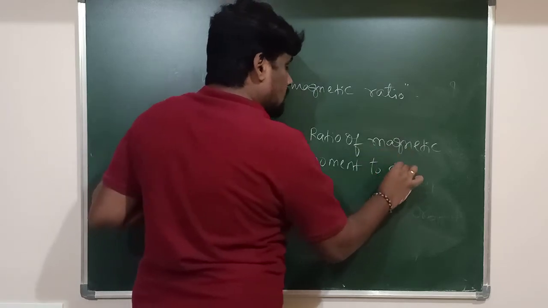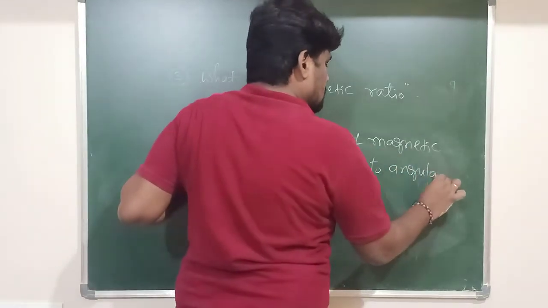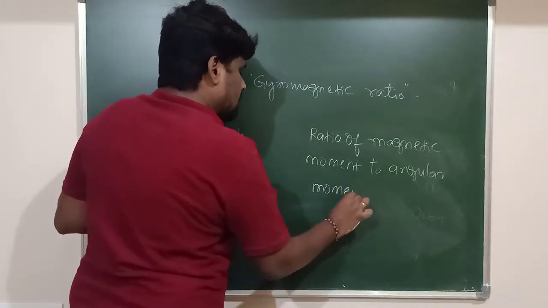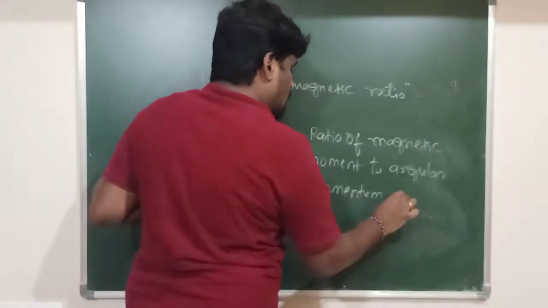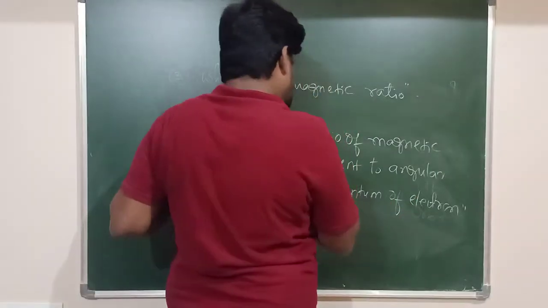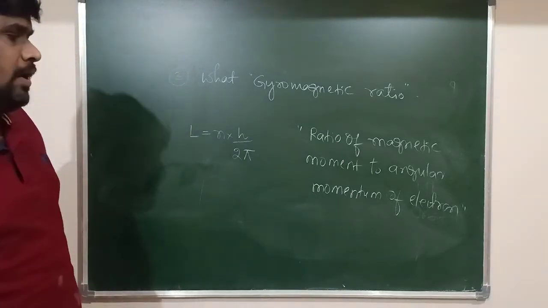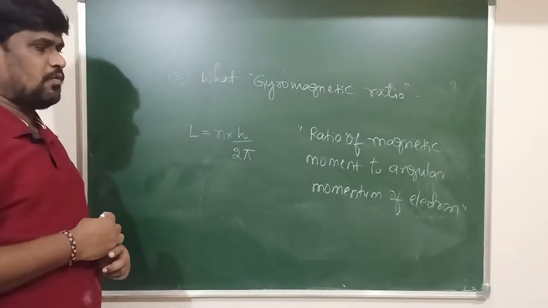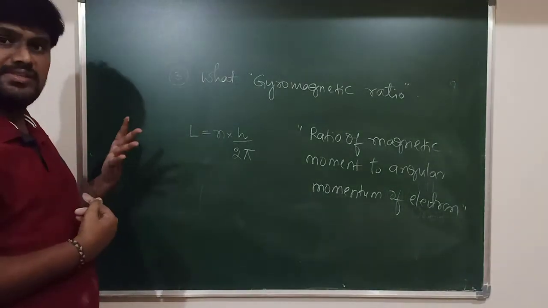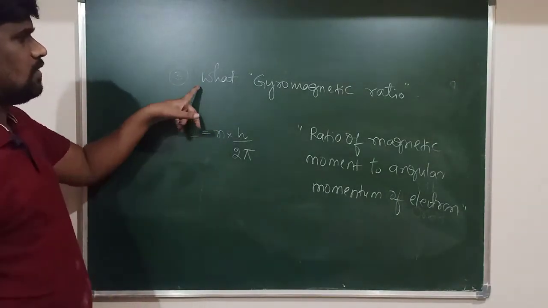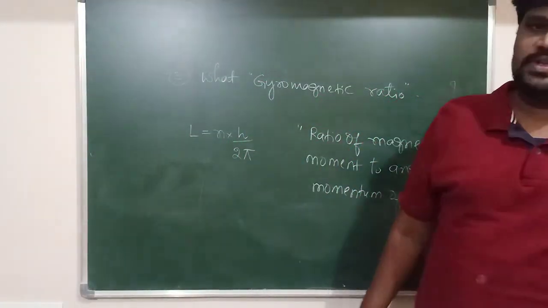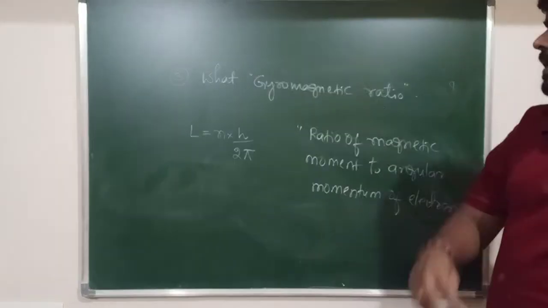The ratio of magnetic moment to angular momentum of the electron. When the electron is revolving around the nucleus in a circular orbit, that ratio is called the gyromagnetic ratio.